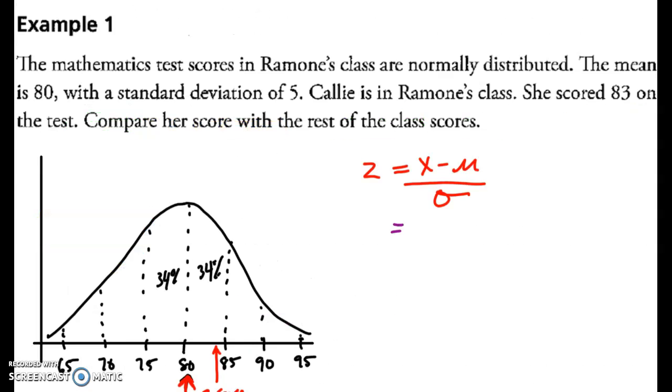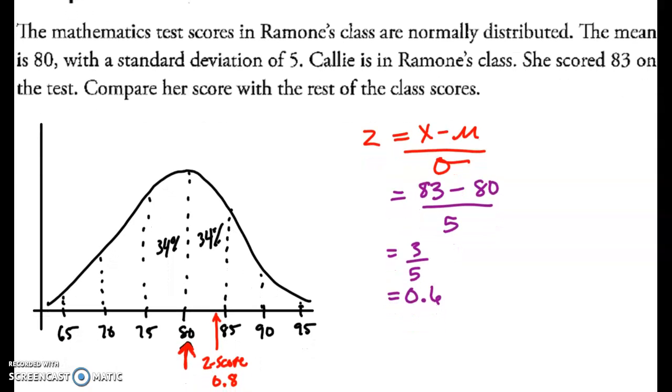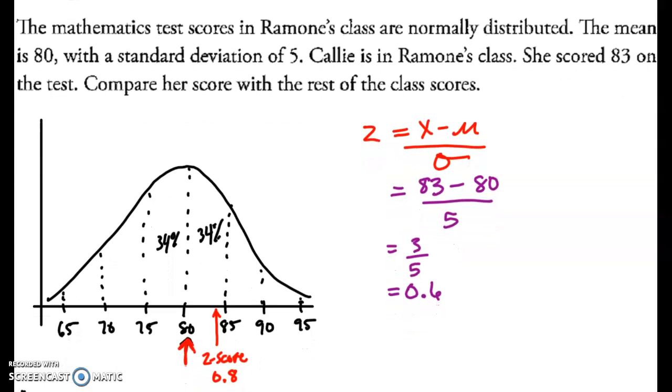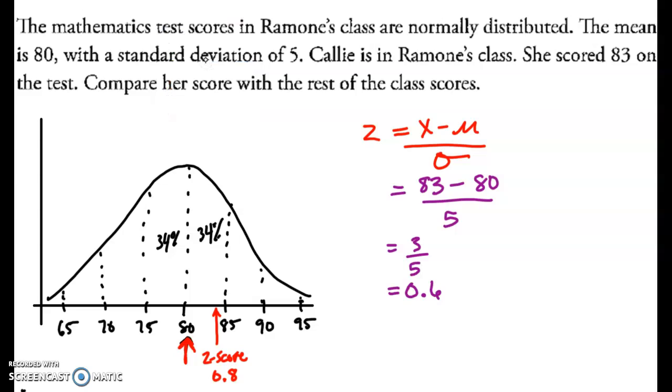So the z-score is calculated by your piece of data, subtract the average, divided by the standard deviation. So we're looking at 3 divided by 5, and if you do that division, so she has a z-score of 0.6.